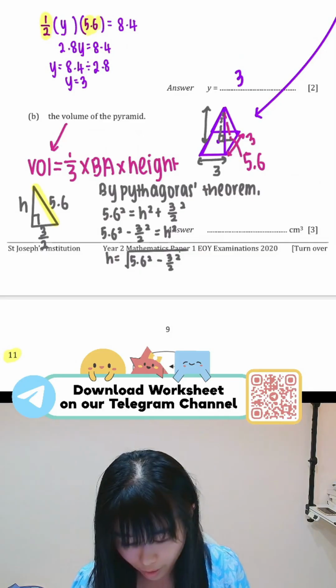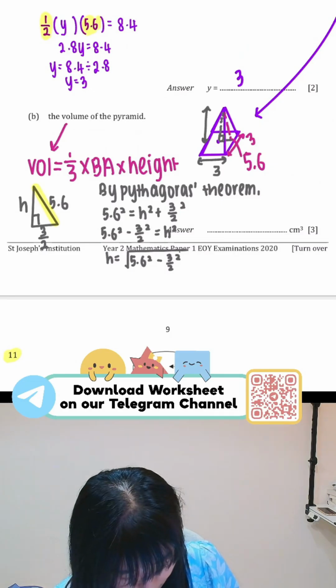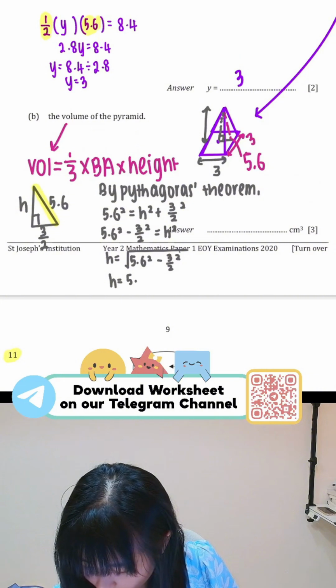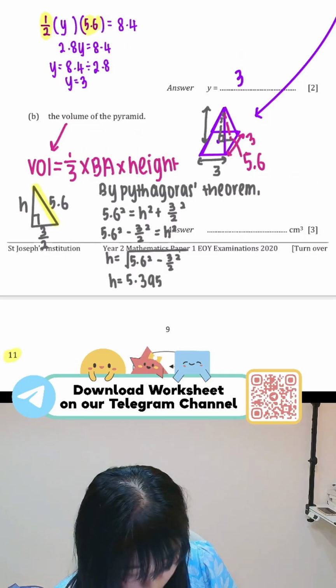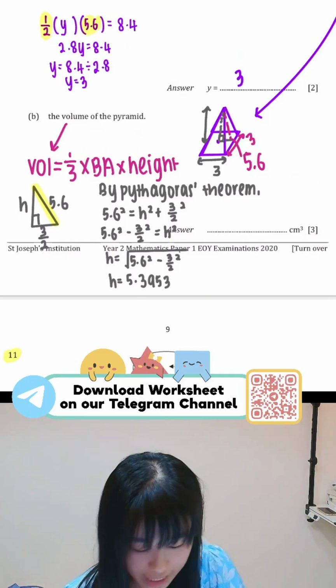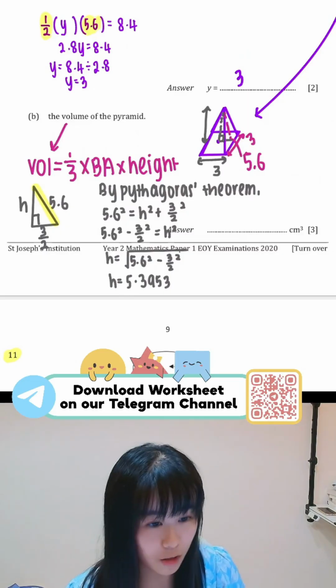And then you will have 5.3953. You have a lot of decimals in your calculator, but keep it to at least 5 SF for intermediate answer. You all should know that.